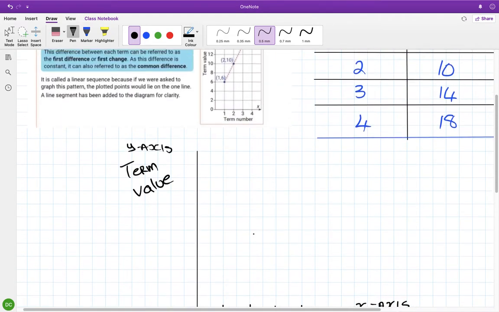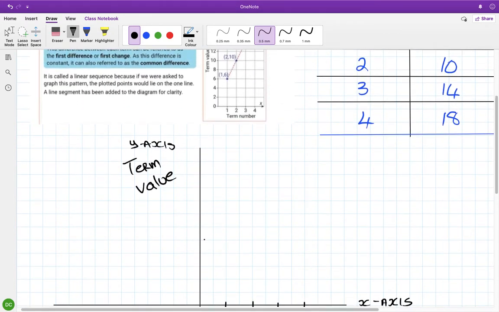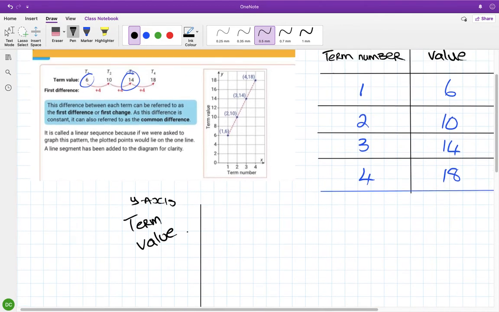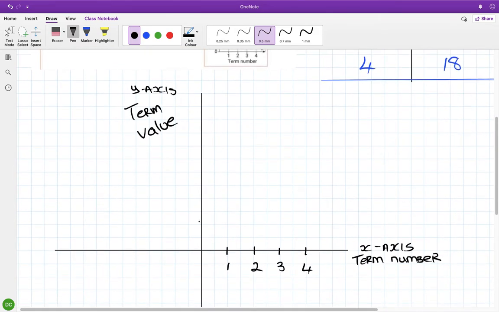Okay, now on the y-axis I need to get to 18. So I'm not going to have enough space to actually just go 1, 2, 3, 4, 5, 6, 7, 8, 9 up to 18. So you have to make a decision then. Do you go up in 2s or do you go up in 3s? So I think I'm going to go in 2s. And if I just go 1 box, okay? So you don't have to match your x-axis, it can be different. So I'm going to go 1 box and call that 2.